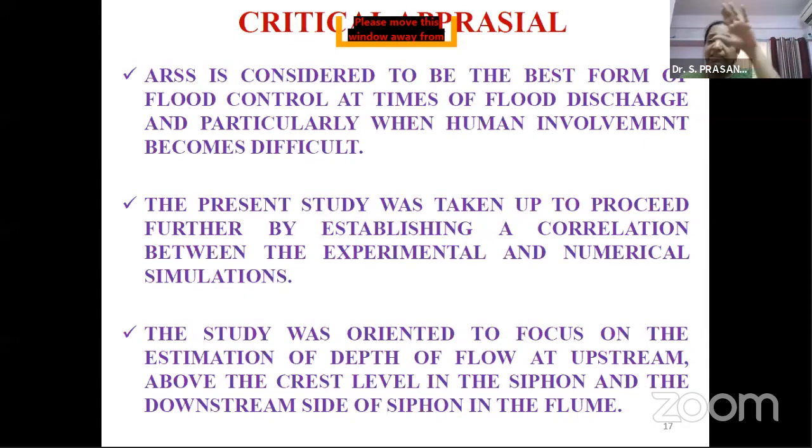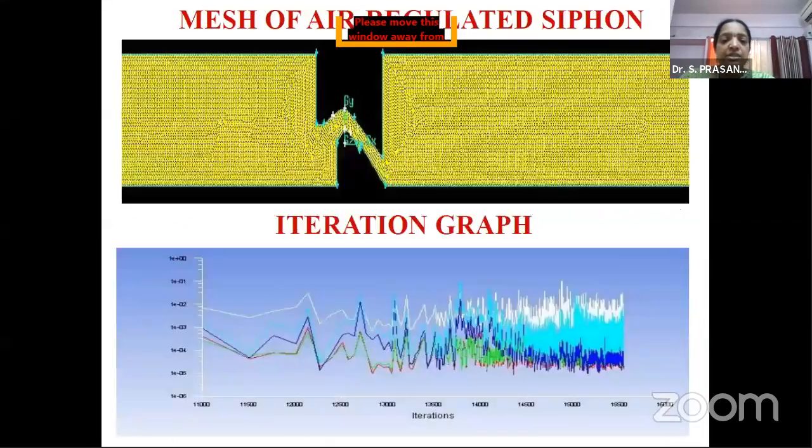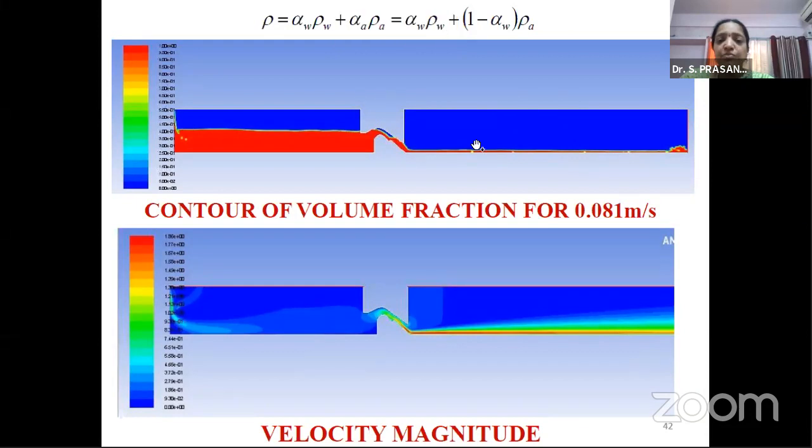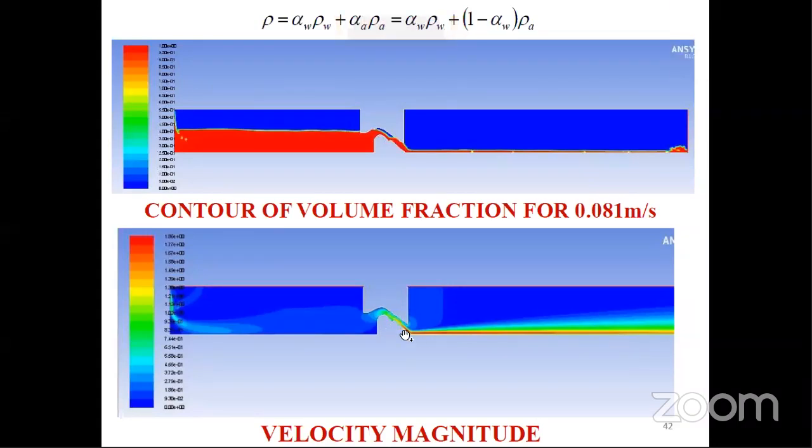Wherever you are encountering negative pressures, you will get negative values. You will see the legend, as I was showing you for this case. For velocity magnitude, the red color is the maximum velocity encountered here.